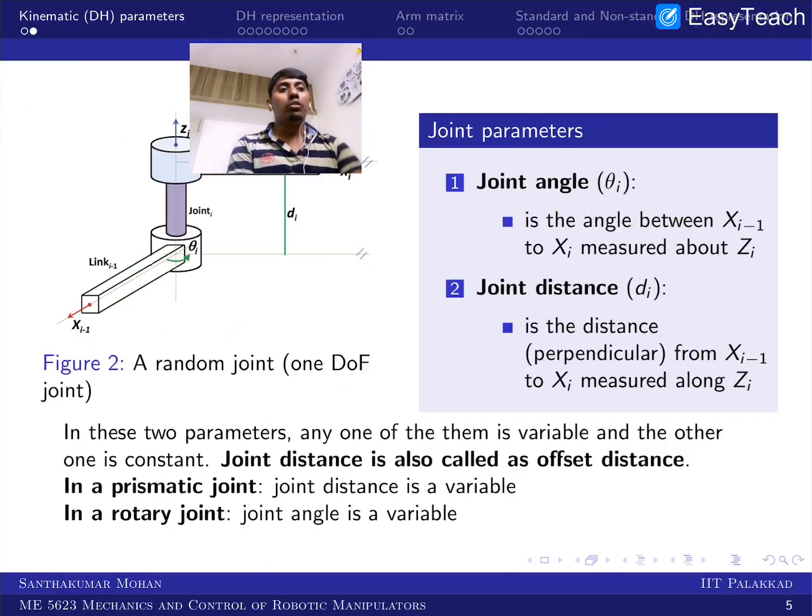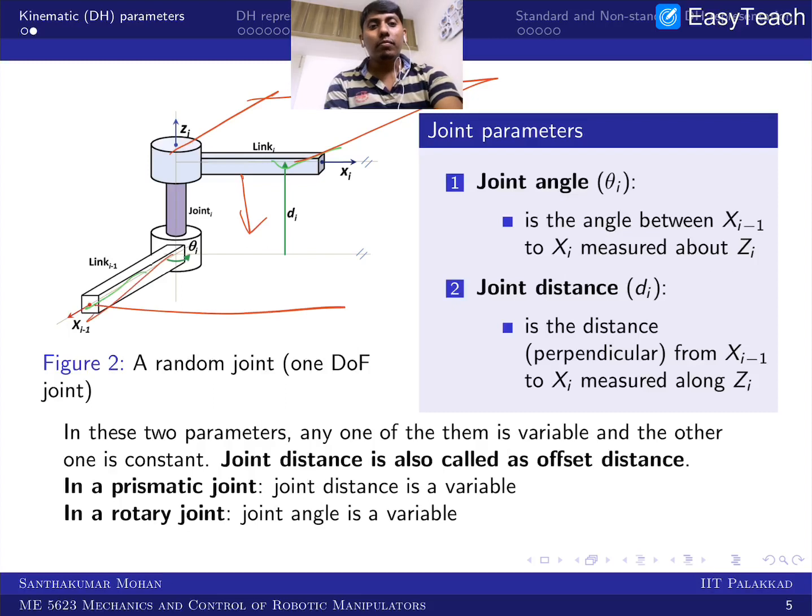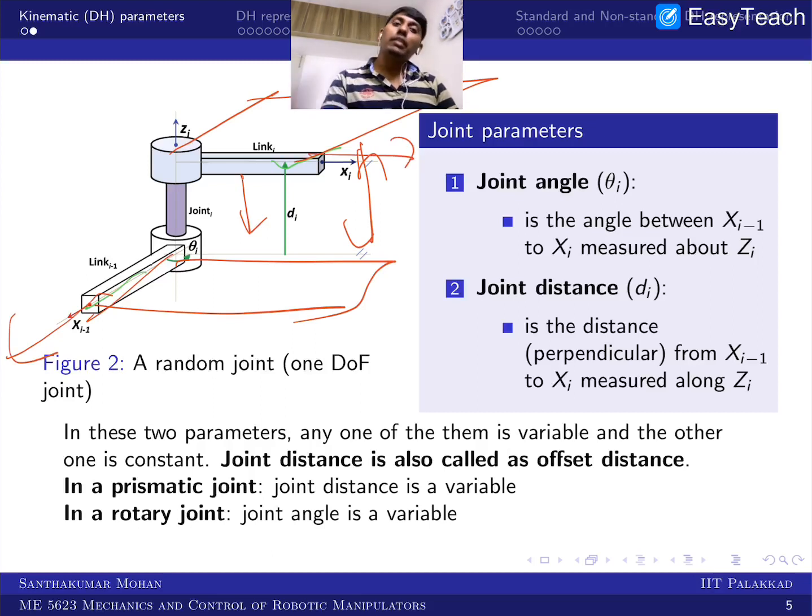Now we'll move to the second case, which is the joint parameter. This is link i minus 1 and this is link i, and you can see that these two links are associated with two planes, and these two planes are offset by a distance, and the x axes are oriented apart, or rotated apart. For this rotation we can see a common normal, which is the joint axis.